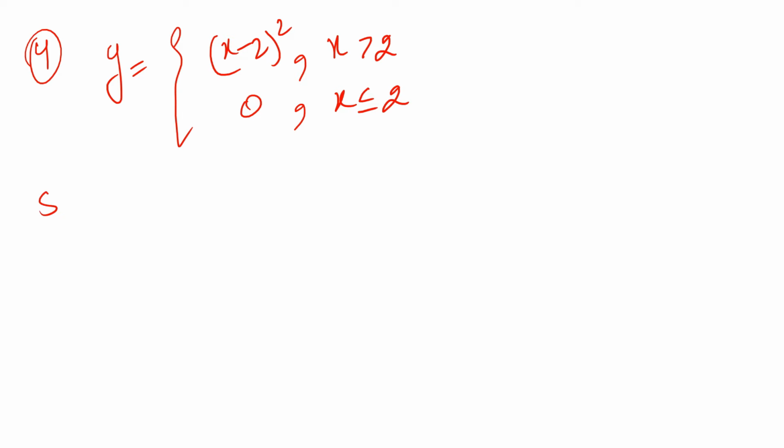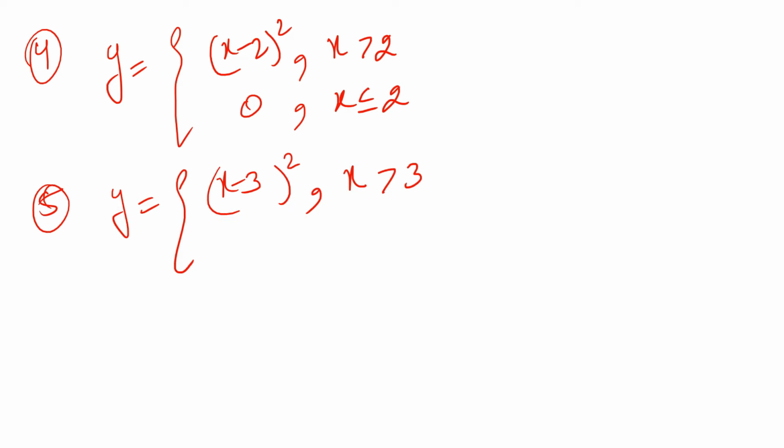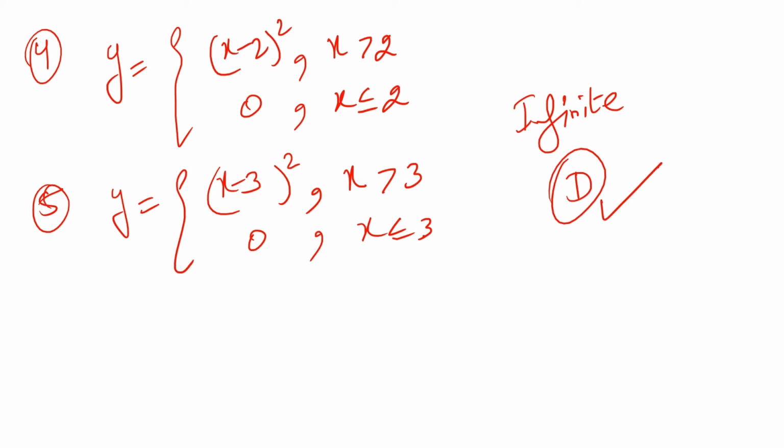Now similarly, students, you can write as many functions as you want. x minus 3 whole square for x greater than 3, and then 0 for x less than or equal to 3. So obviously we are going to get infinitely many such functions, hence option D is the correct one.